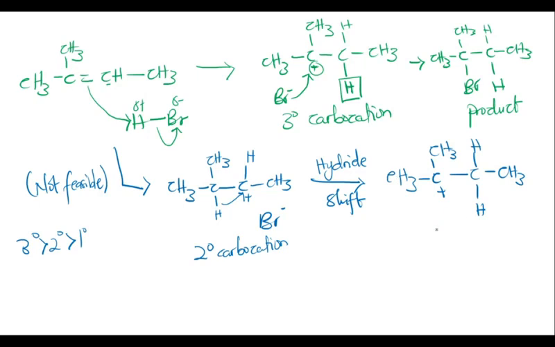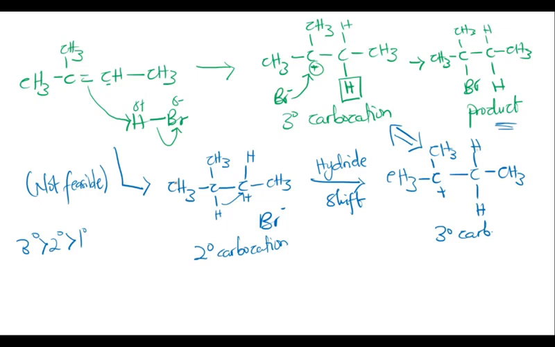So if we look at this, we are looking at what? A tertiary carbocation over here, because this carbon is attached to 1, 2 and 3 carbons. So we can see that even if this pathway happens, there will be a rearrangement reaction which will still form a tertiary carbocation, and hence this will be the product that will be formed at the end.